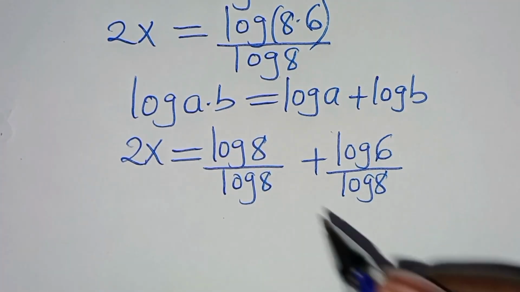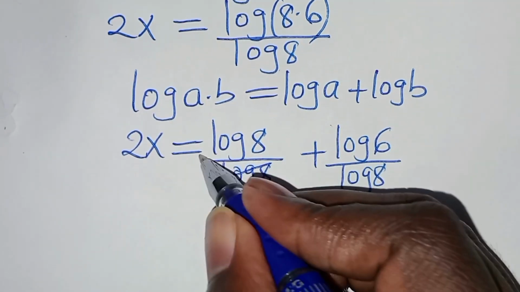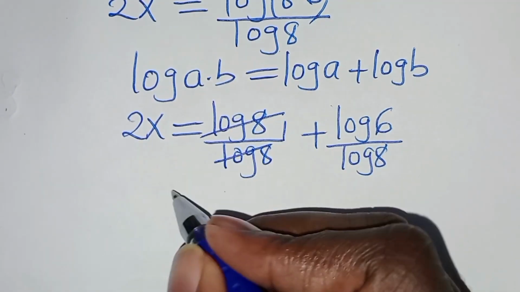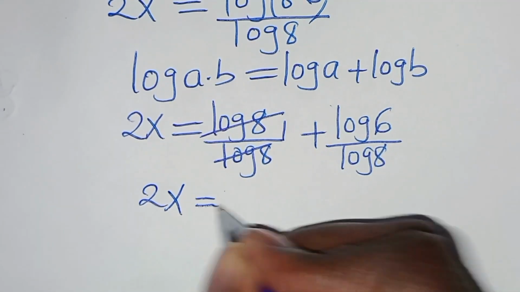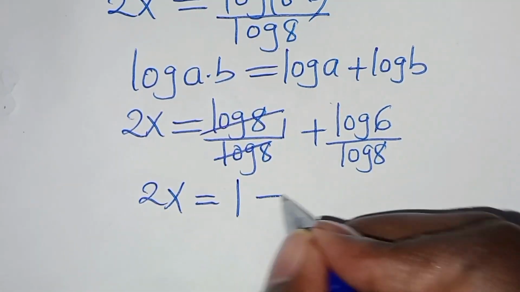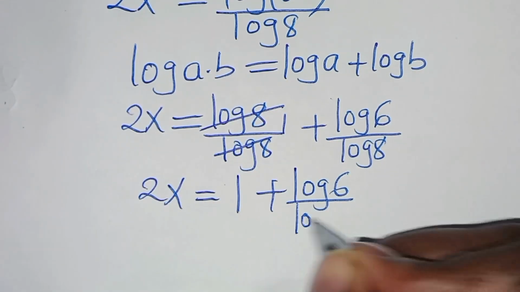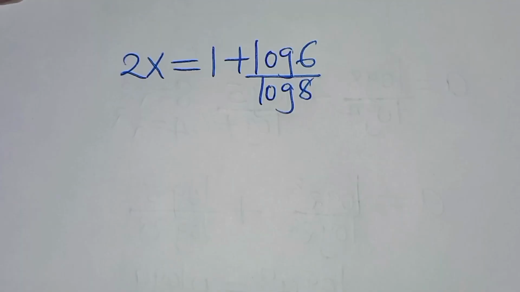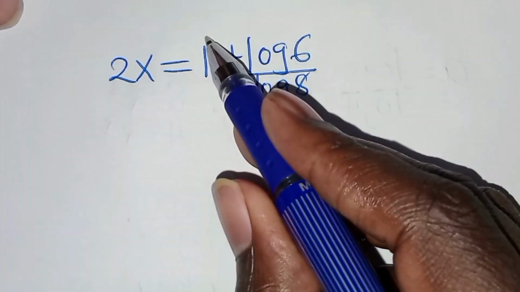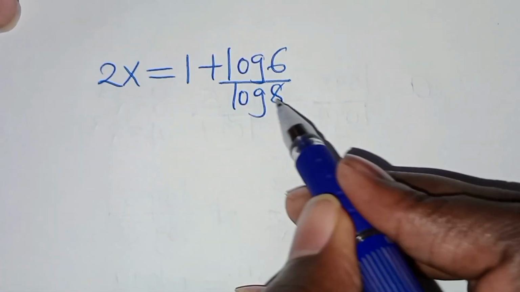So from here, let's simplify log 8 and log 8 so that now we have 2x is equal to 1 plus log 6 divided by log 8. So 2x is equal to 1 plus log 6 over log 8.